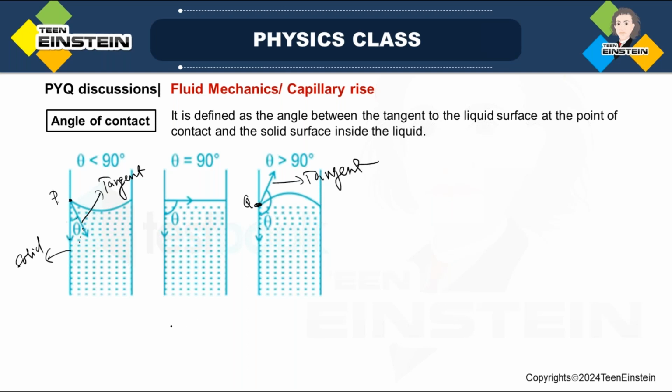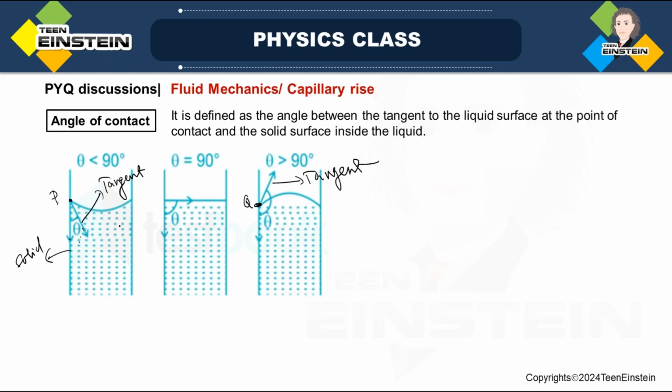Now look, this angle of contact can be an acute angle, that means less than 90 degree, equal to 90 degree, or greater than 90 degree. Depending on the value of the angle of contact, we can have different types of meniscus or top surface of the liquid.